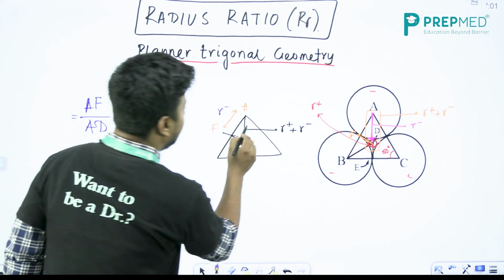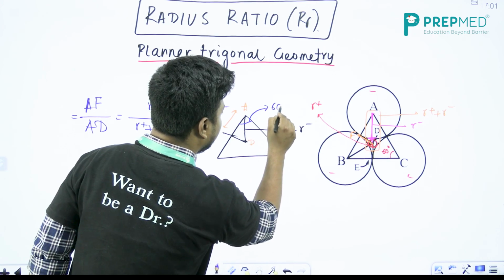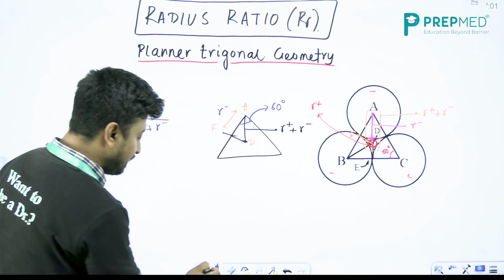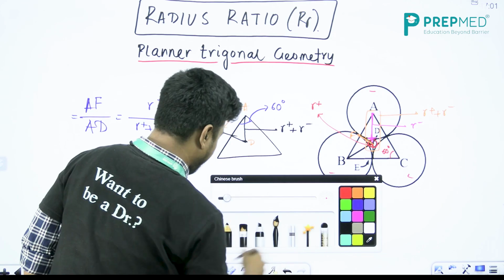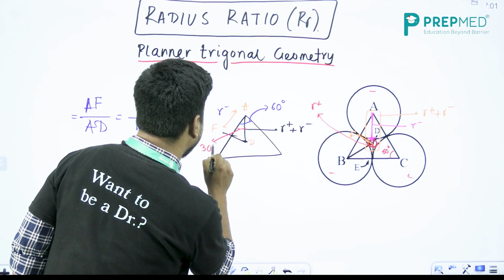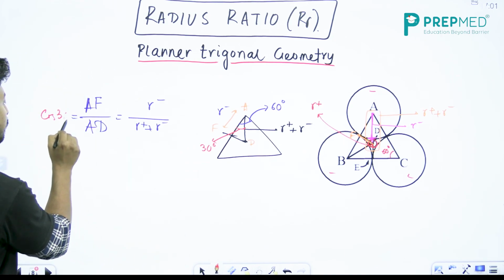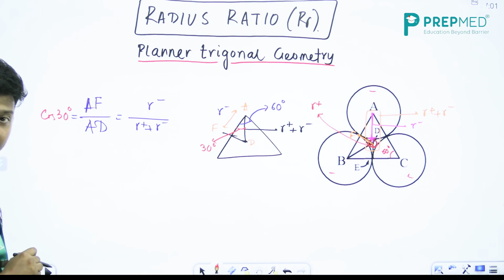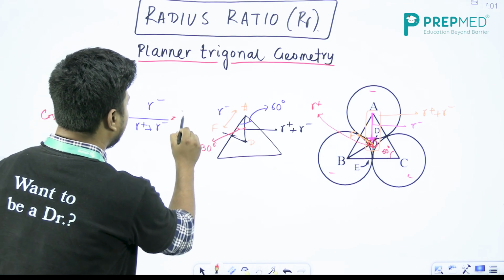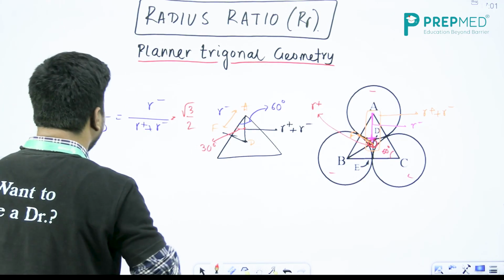If this total angle is 60 degree, then this particular angle beta is your 30 degree angle. So this is nothing but equal to cos of 30 degree, right? Which is equal to root 3 by 2.